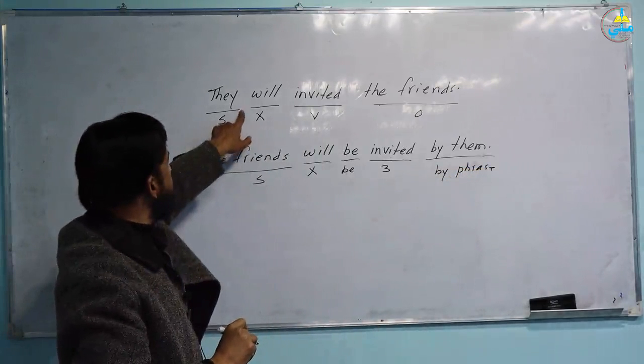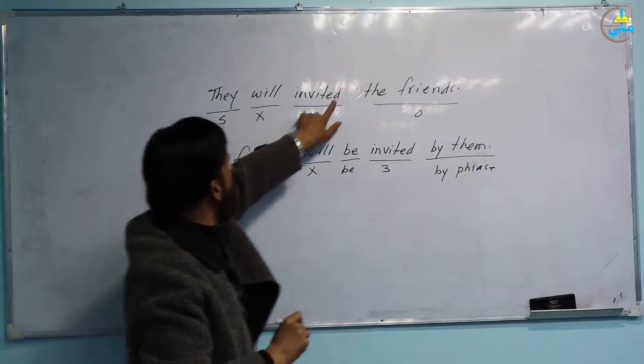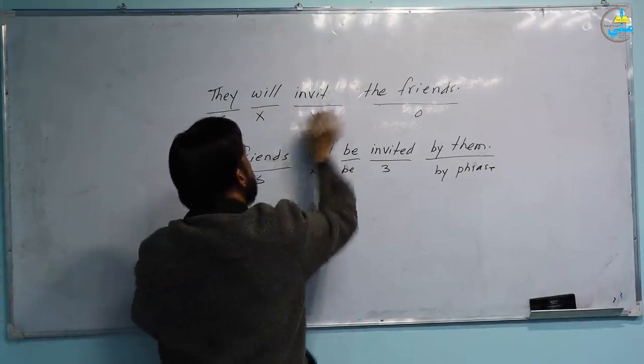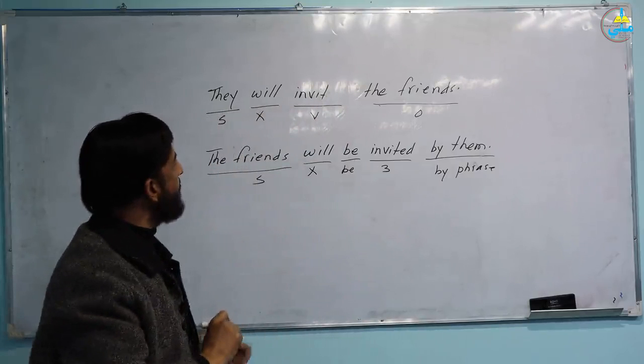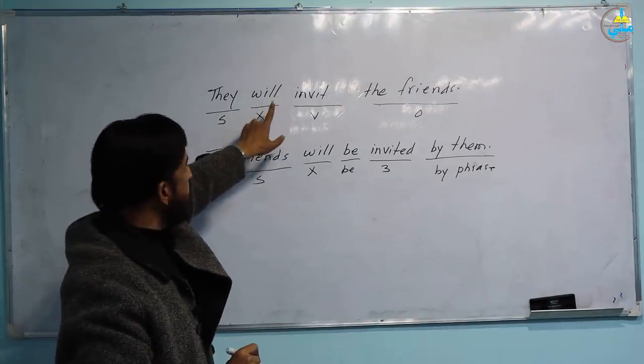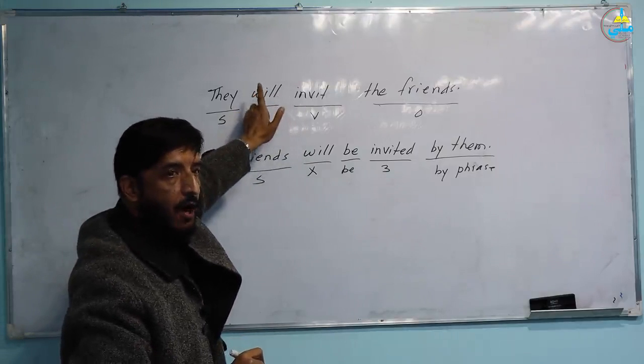This is an active sentence: they will invite the friends. This is future. This sentence has will as an auxiliary.